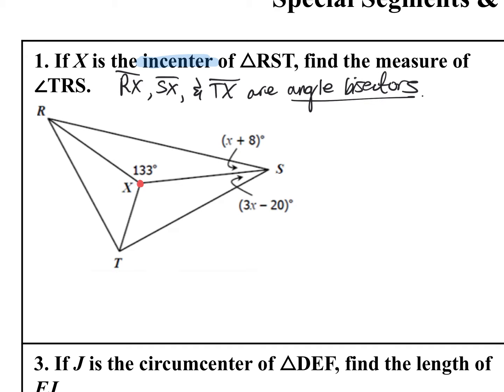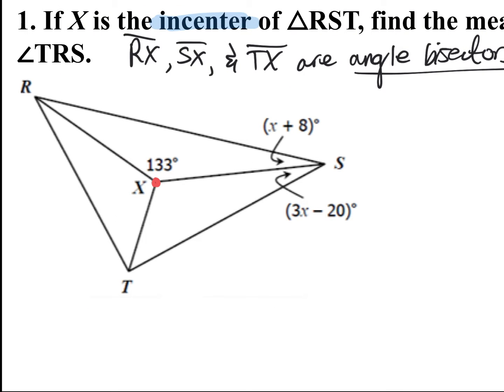So since those three segments are angle bisectors, then I can conclude angle congruencies. I know that angle RSX is congruent to angle TSX. I can also conclude that angle SRX is congruent to angle TRX, and that angle RTX is congruent to angle STX.